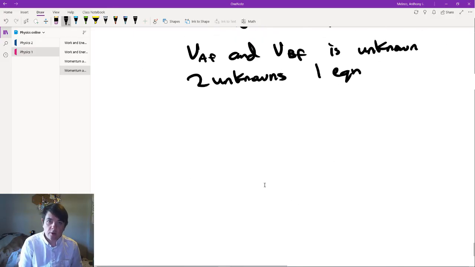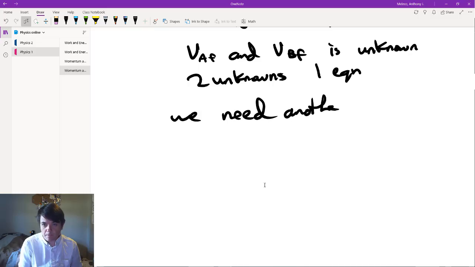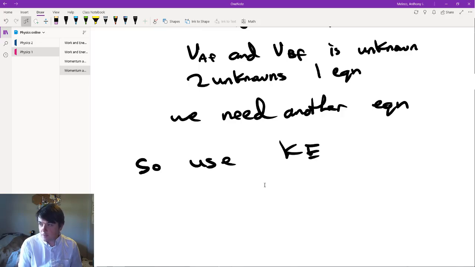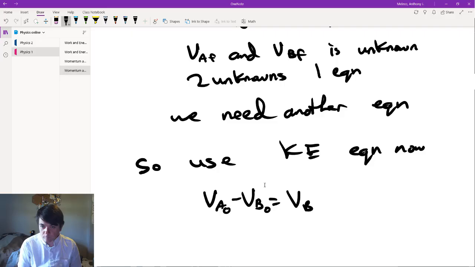We need another equation. So use the KE equation now. Because the masses are the same, I'm using that other equation that we derived here, where the initials are equal to the finals in this way.